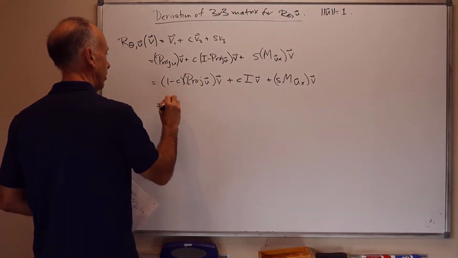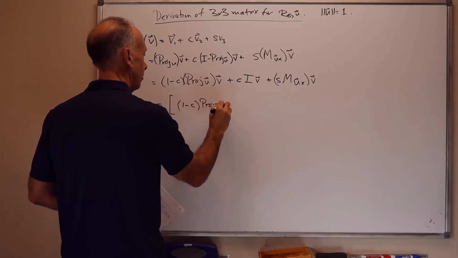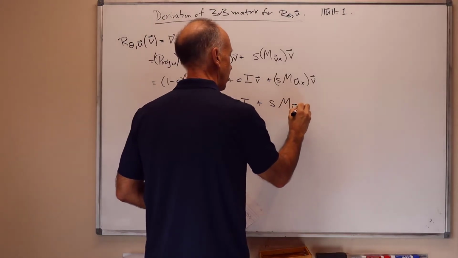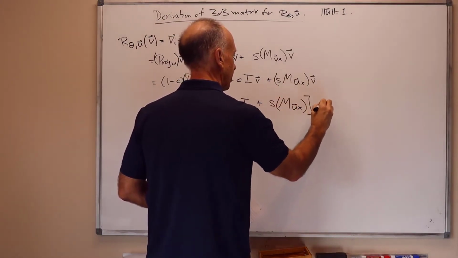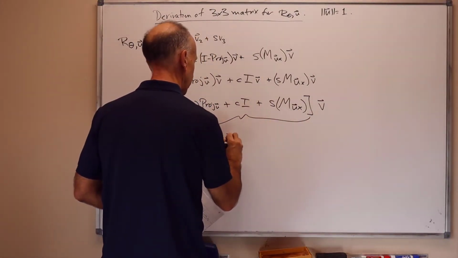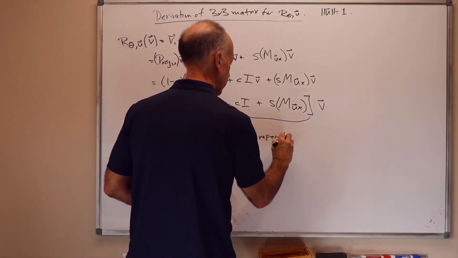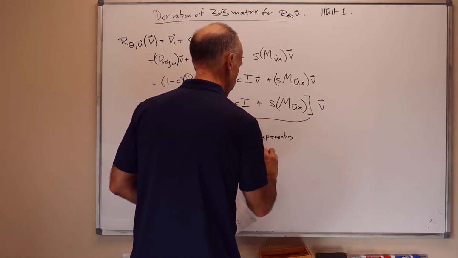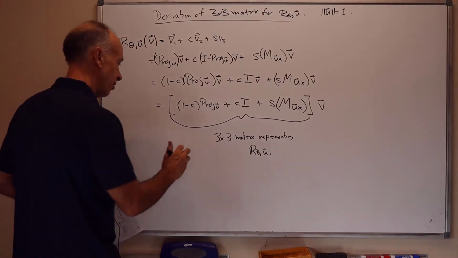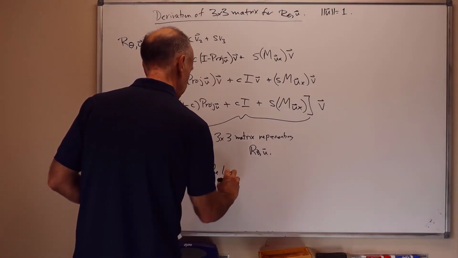And breaking this up into one big matrix, this is, in square brackets, (1 minus c) proj sub u plus c times the identity matrix plus s times M u cross, that whole matrix times v. And so this part here in square brackets is the 3 by 3 matrix representing r theta u. And when you expand it out, it's exactly the matrix I had on the other board, exactly the large matrix shown before.